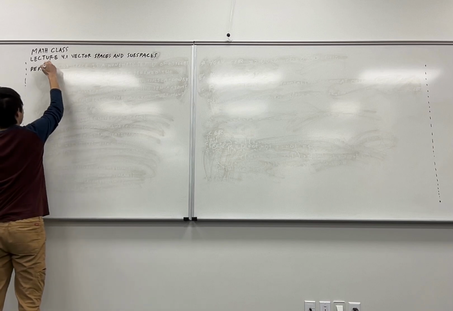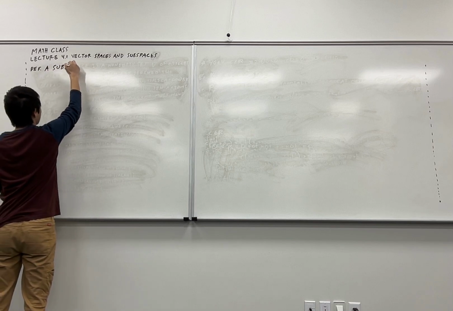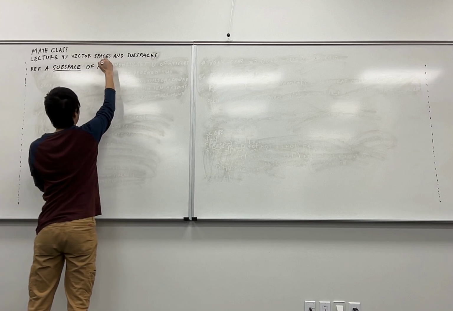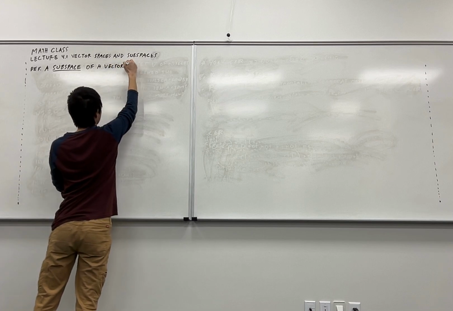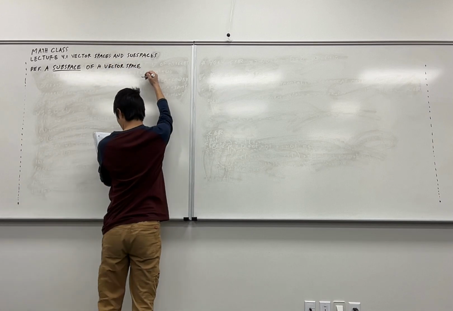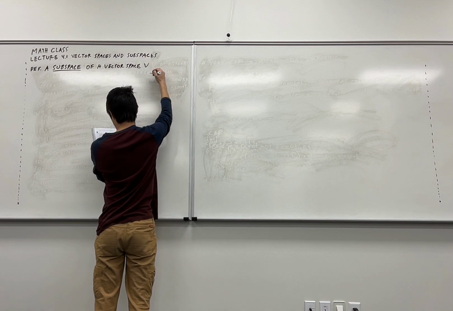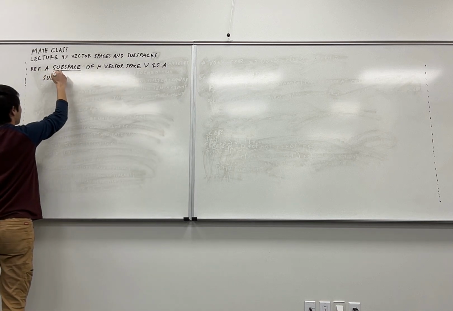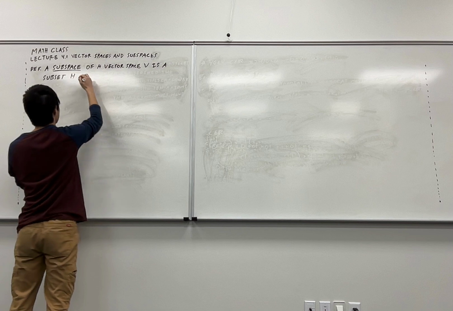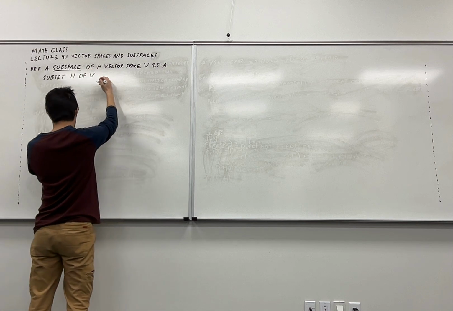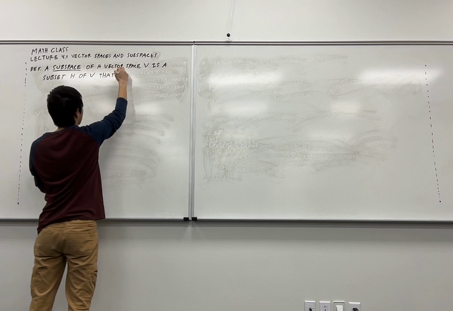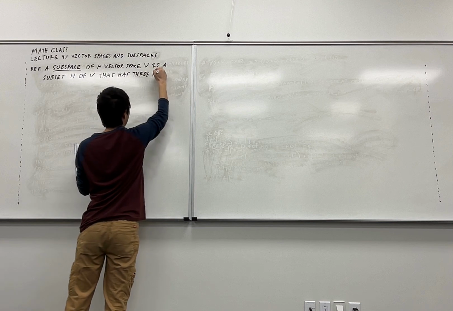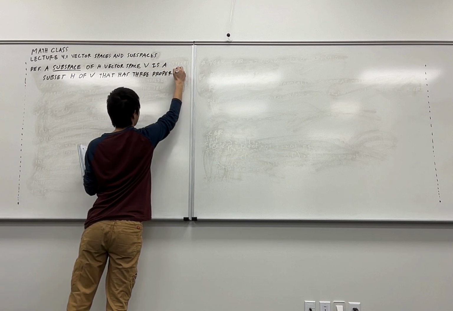A subspace of a vector space, let's call it V, is a subset H of V that has three properties.